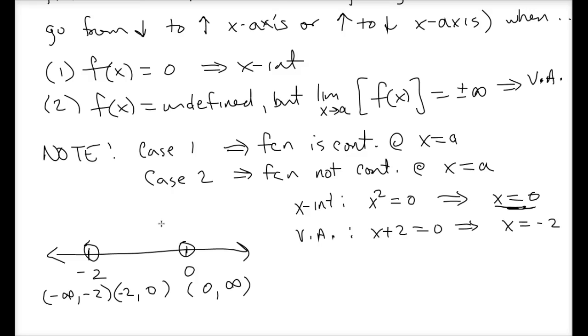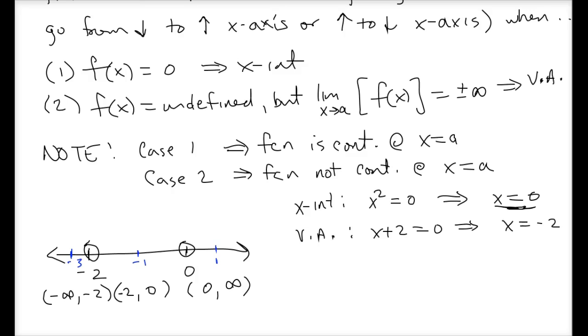So if we randomly select some x values here, I'll select negative 3, and here I'll select negative 1, and here I'll select 1. That way we have some values for each of the intervals that we need to test.